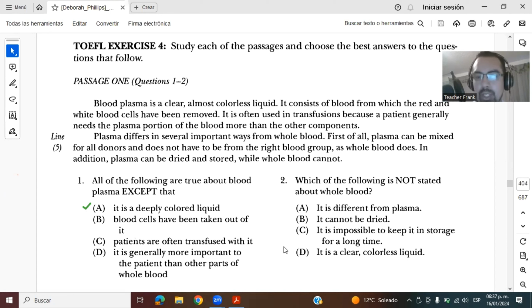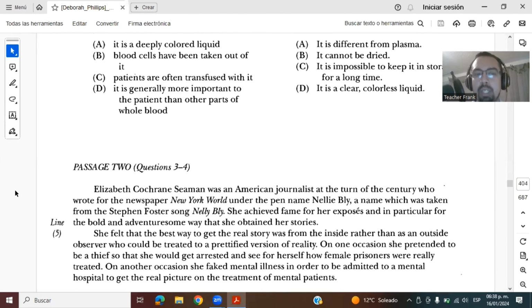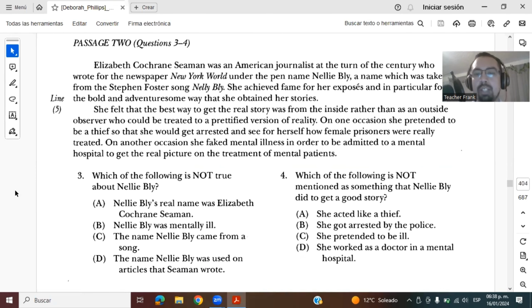And number 2 is going to be D. It is a clear, colorless liquid, okay? If you have any questions as to why, you can put it in the comments and I'll gladly answer. Okay, let's go with the next passage. Passage 2 has 2 questions also. So I recommend pause the video and in a moment we will check it, okay?